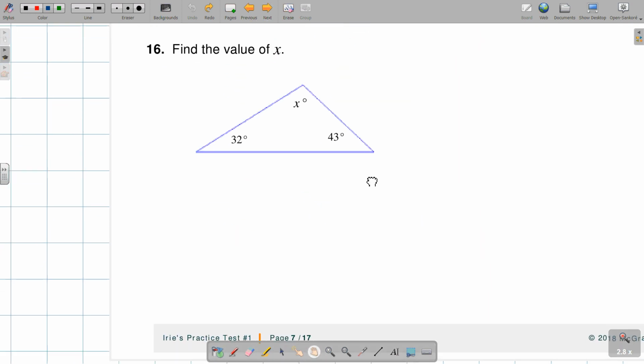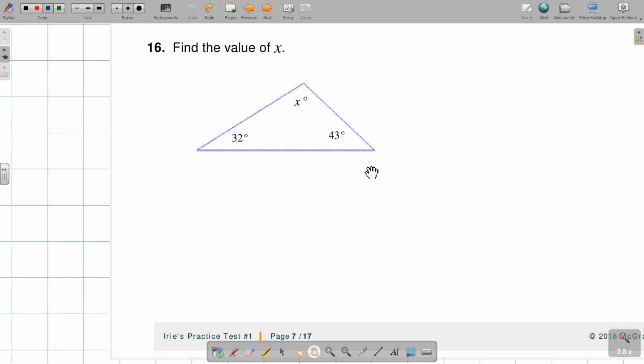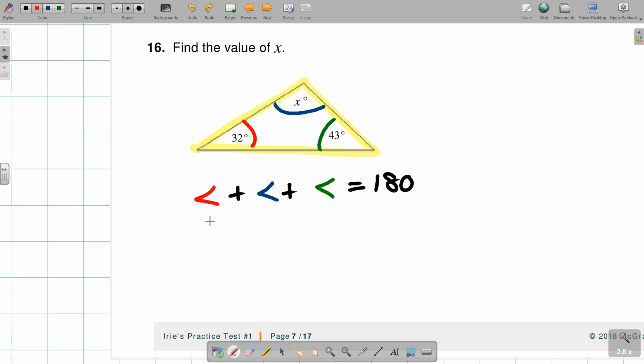Okay, 16, we're going to shift gears to triangles now. From parallel lines to triangles, and then we're going to combine parallel lines and triangles. This is a real simple concept. Inside a triangle, the 3 angles of a triangle always add up to 180. So to solve here, that would be 32 plus x plus 43 equals 180.